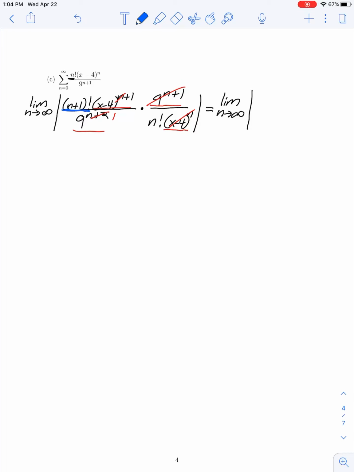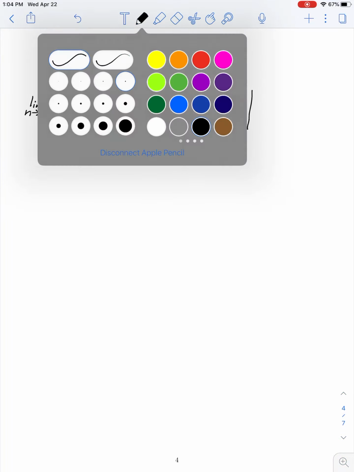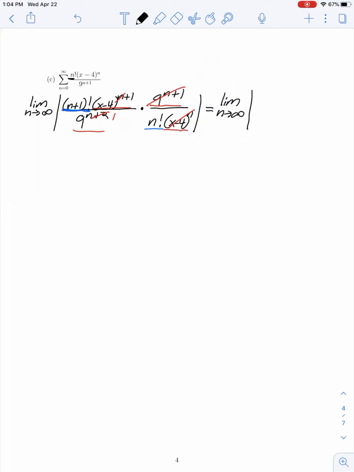We have n plus 1 factorial divided by n factorial, which gives us an n plus 1 in the numerator. So altogether, we are left with x minus 4 to the first times n plus 1 in our numerator, and in the denominator, we have a 9 to the first.